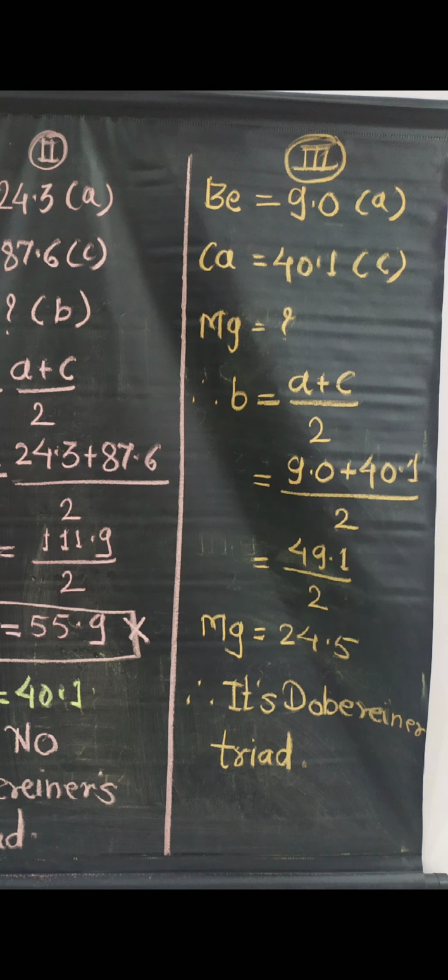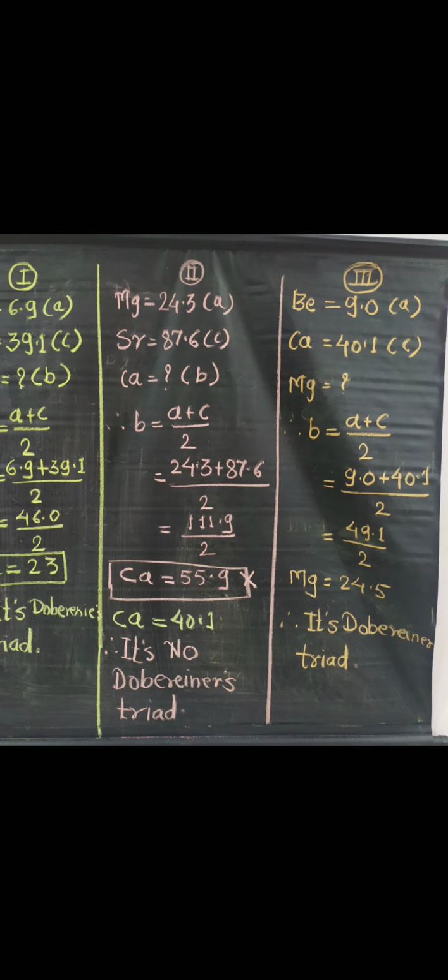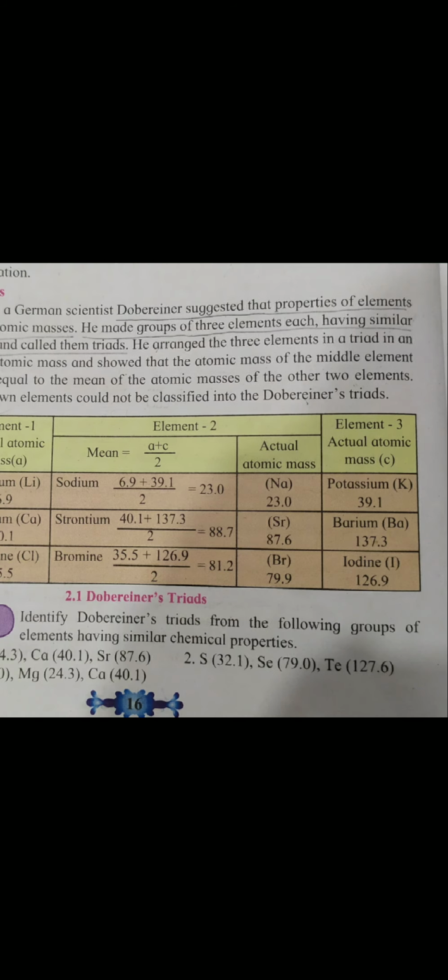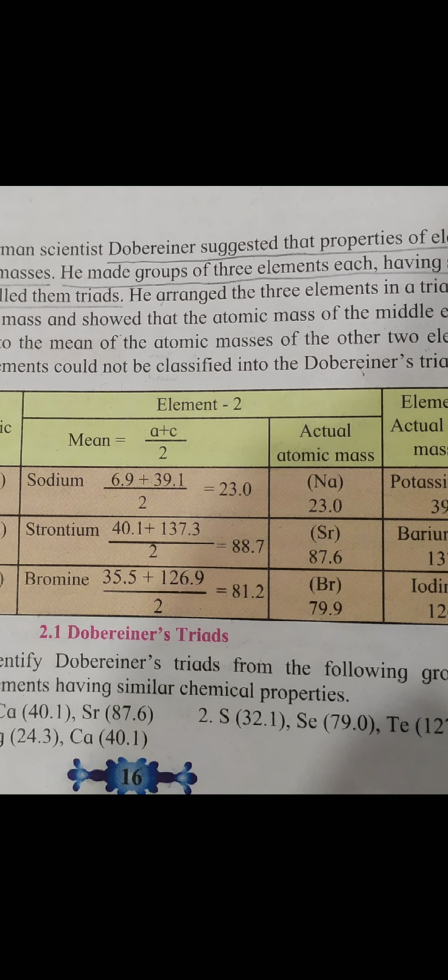So B is equal to A plus C divided by 2. 9.0 plus 40.1 divided by 2 is equal to 49.1 divided by 2, which is 24.5. And Mg has the atomic mass 24.5. It's a Dobereiner triad. So see here, they have given us examples, and you can identify which are Dobereiner triads.